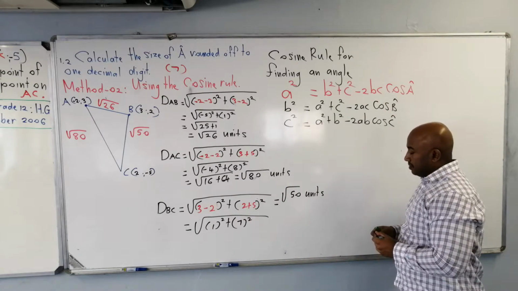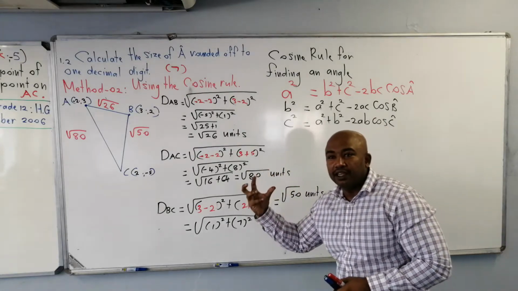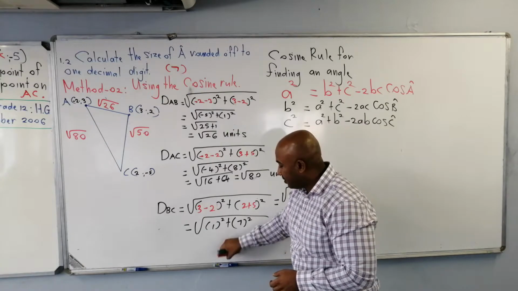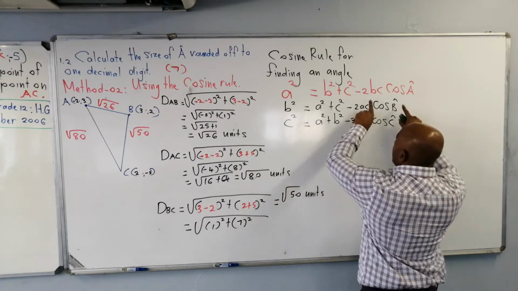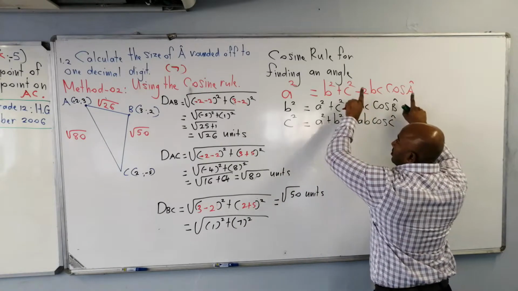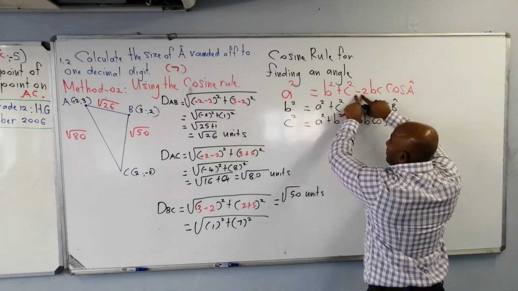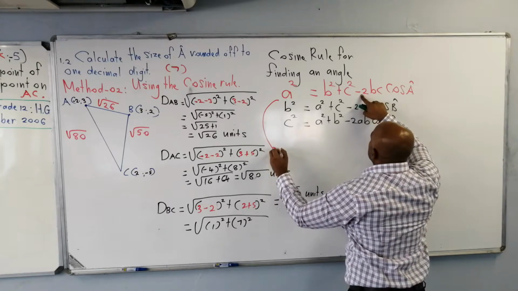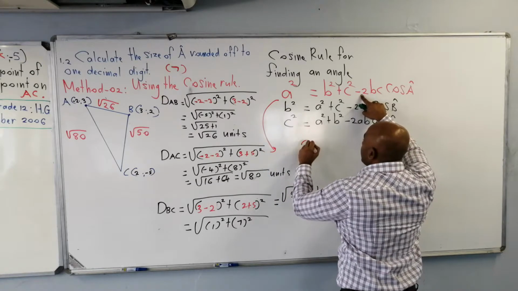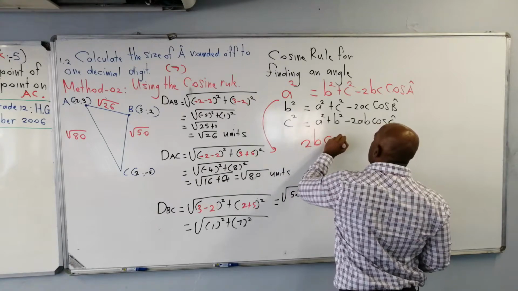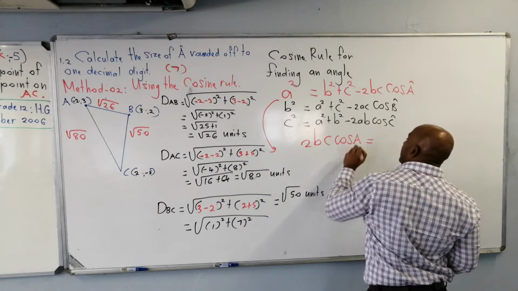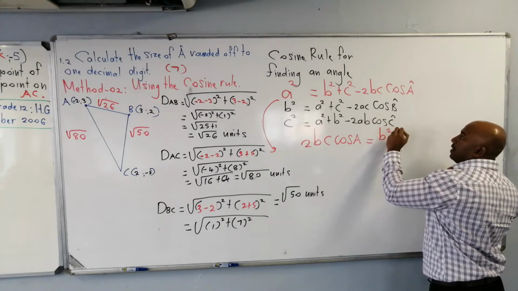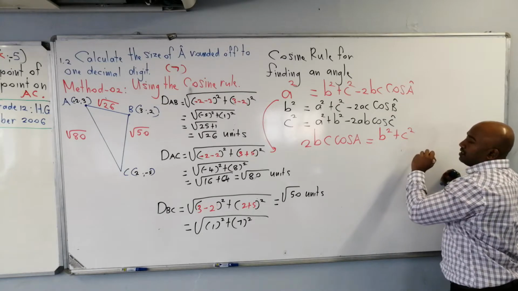What do I do now? I am going to manipulate the formula and make cos A the subject. If I take this, transpose it to the left because of the negative, I'm going to have 2BC cos of angle A is equal to B squared plus C squared.